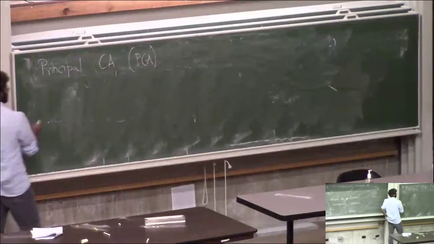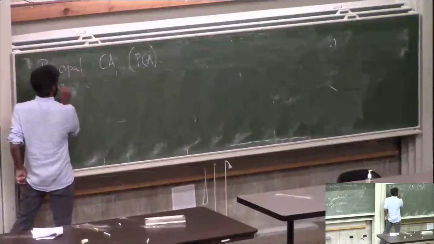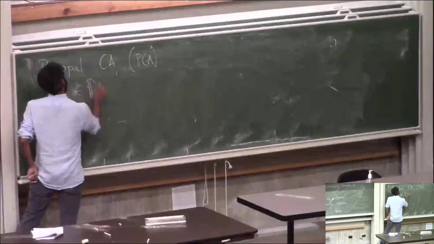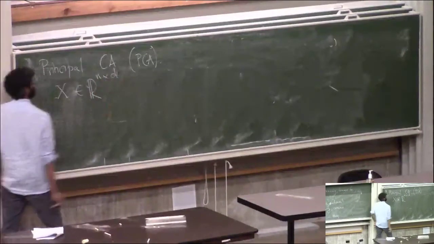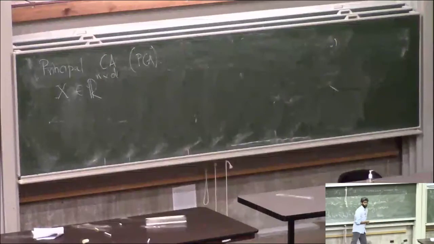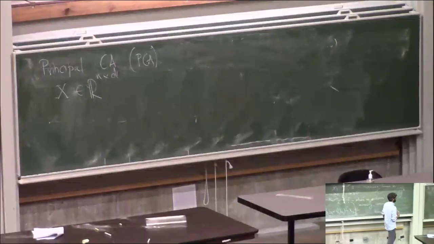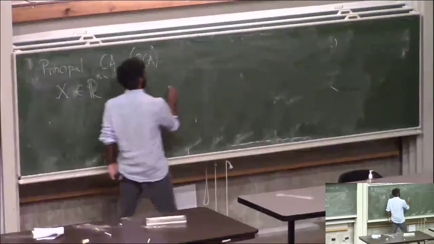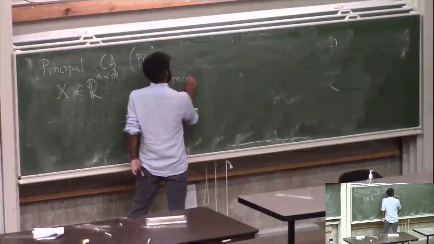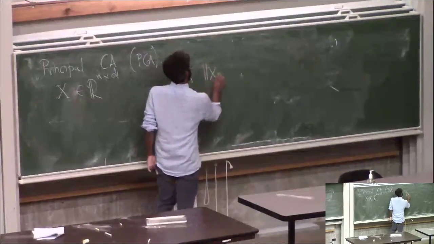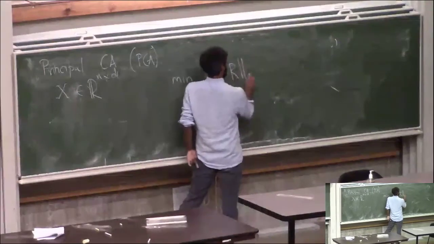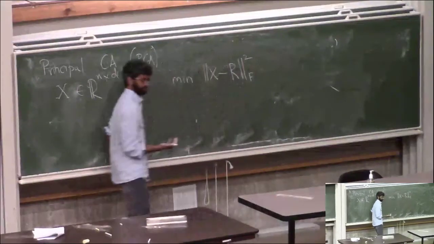You're given some fixed matrix X, say it's in R^(n×T), and you want to find a low rank approximation to this matrix. So what does that mean? I want to find a matrix R that is closest to X in the Frobenius norm sense.